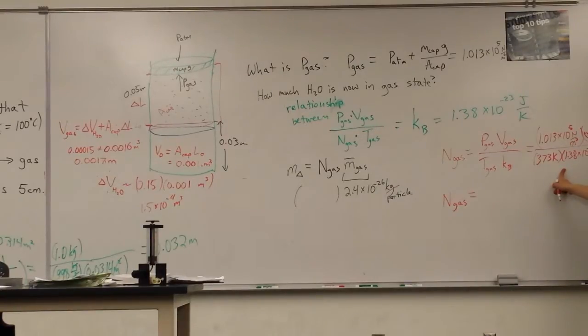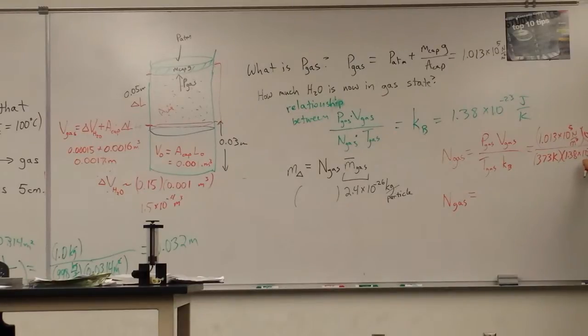Four times 10 to the 20th, maybe? Times 10 to the second, third, second, first, negative 0.1, negative 19, or 19.